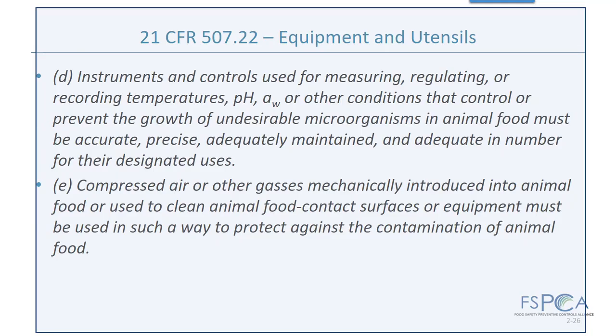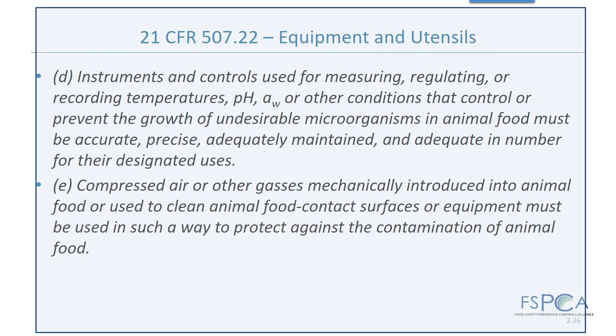A little bit more on equipment and utensils here. Instruments and controls used for measuring, regulating, or recording temperatures, pH, AW (water activity), or other conditions that control or prevent the growth of undesirable microorganisms in animal food must be accurate, precise, adequately maintained, and adequate in number for their designated uses.